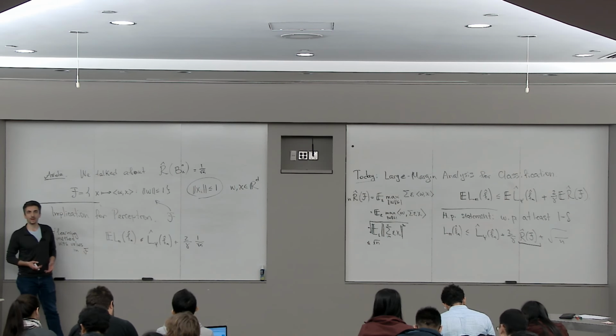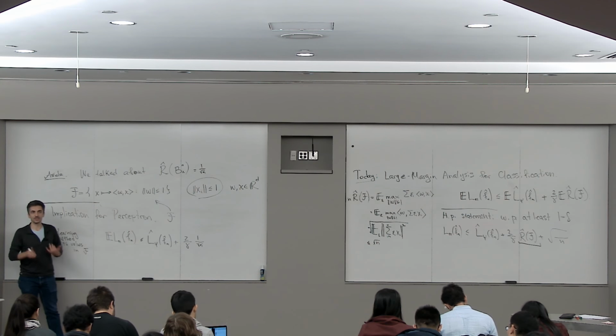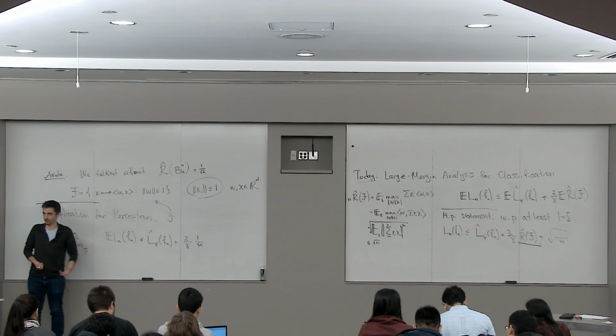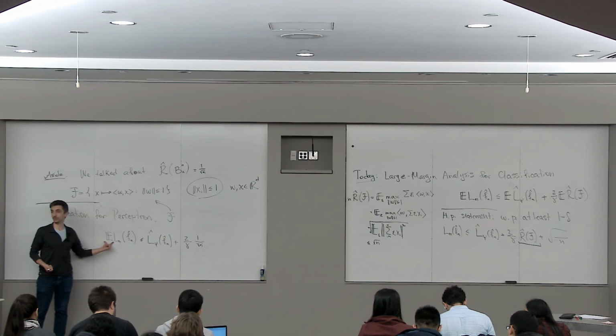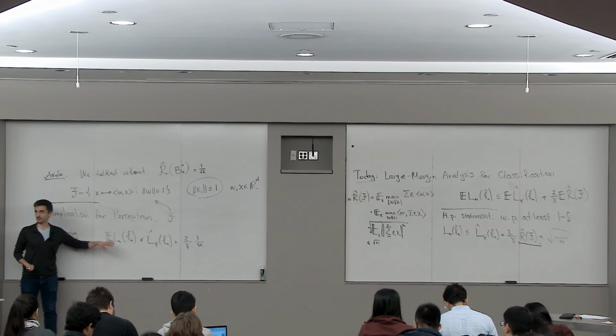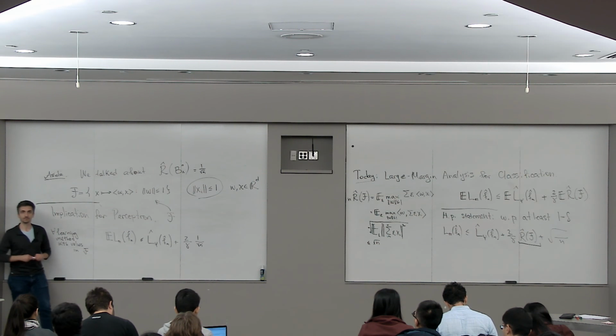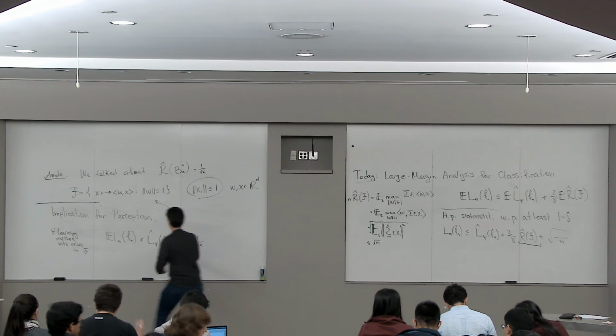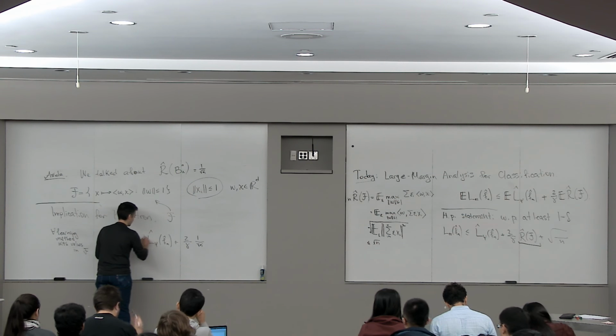On the one hand f hat n is a function, on the other hand it's something that I learned from the data, and this is the expectation over the data. So I didn't want to say here for any f hat n. Yes. Thank you.